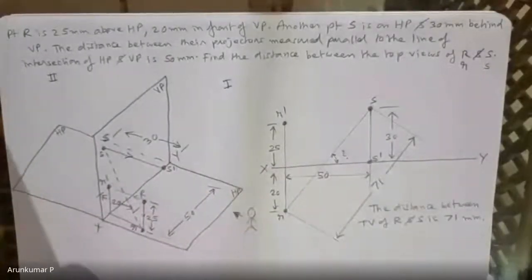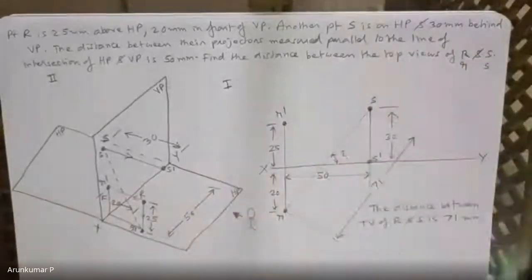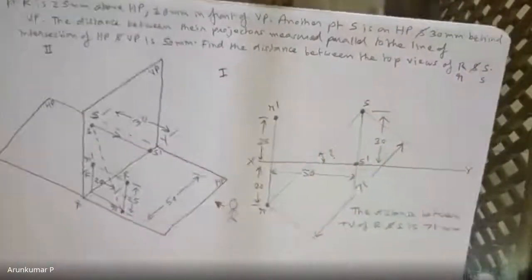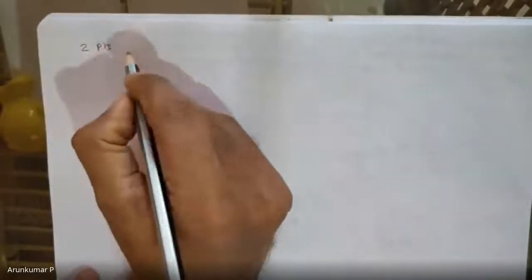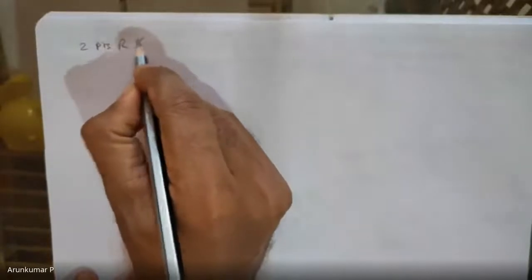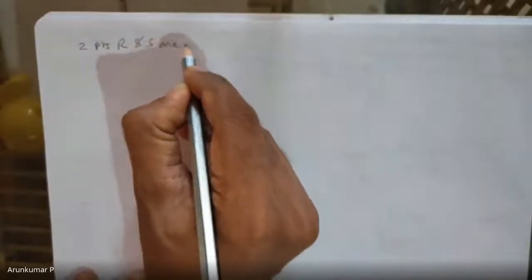Two points, capital R and capital S, are on HP.